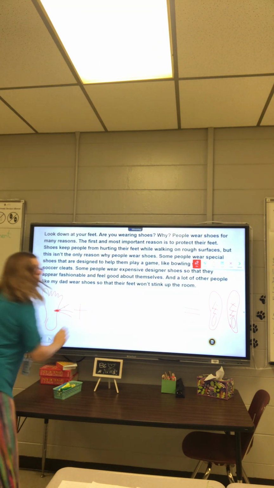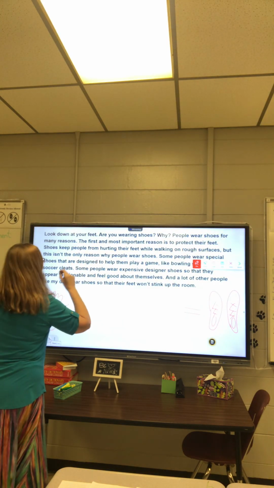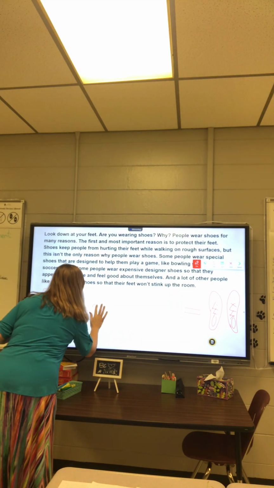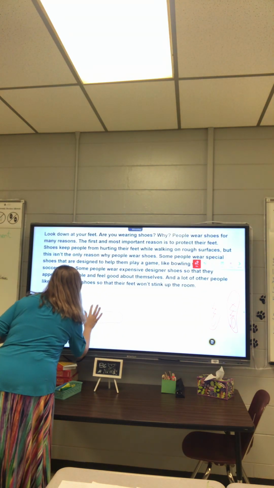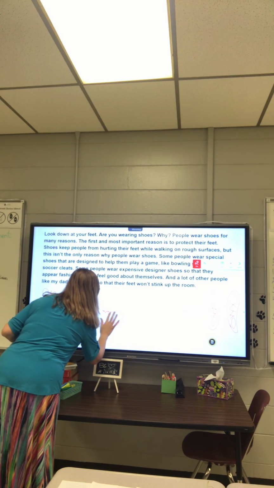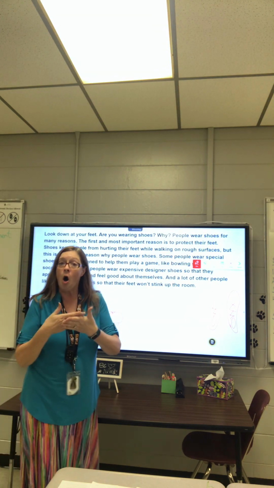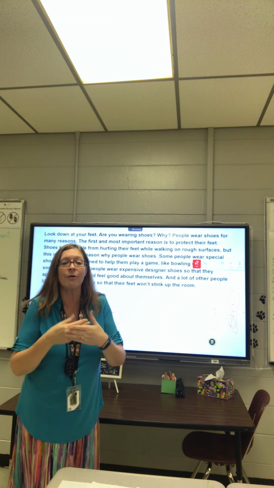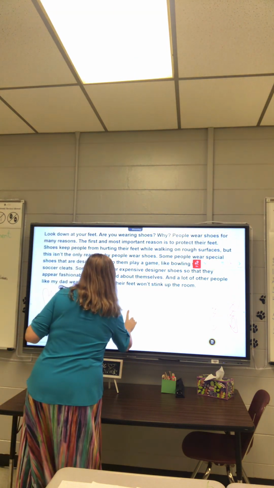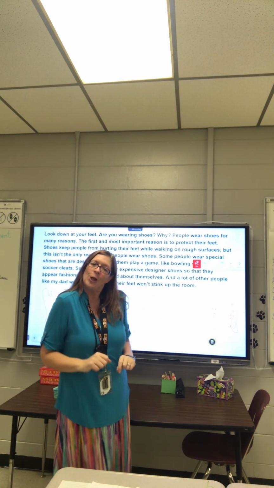What's another reason? I'm putting a plus sign, almost like this is a math equation. Well, let's see, another reason is special shoes for maybe sports, right? So, okay, here, let's draw ourselves a soccer cleat. Cleat, cleat, cleat, cleat, okay? Here's the laces on the shoes. Good. And the other cause, the other reason, the other why for the cause part of this is that some people just like to wear fashionable shoes, to feel good, to look good.